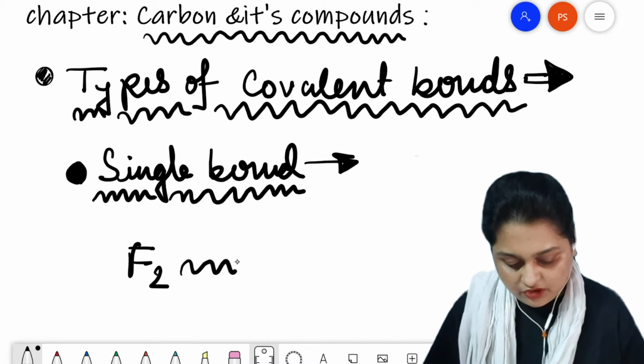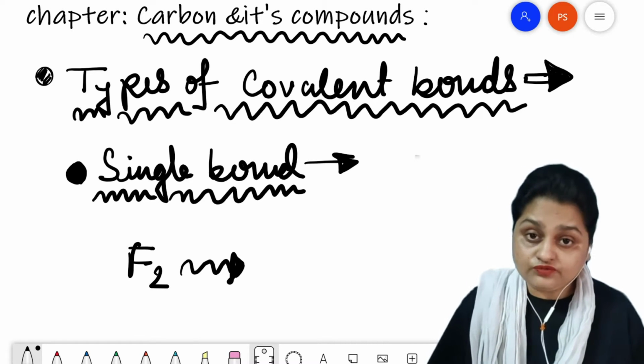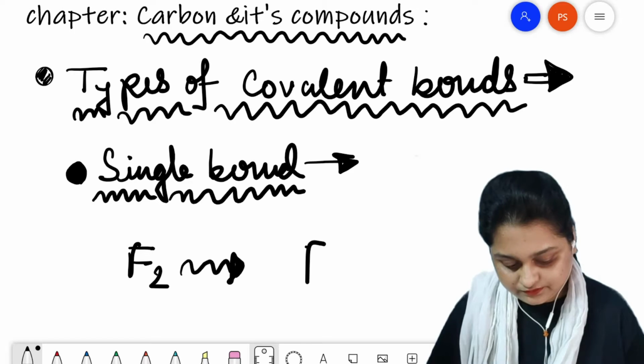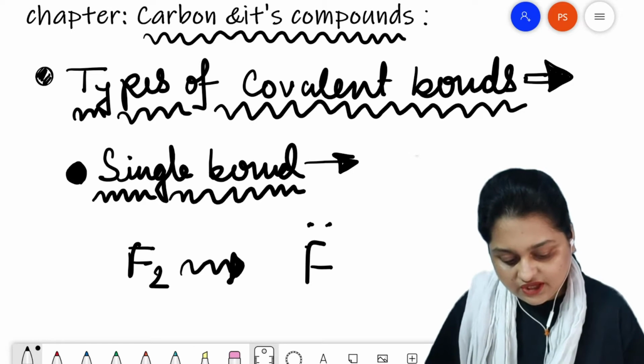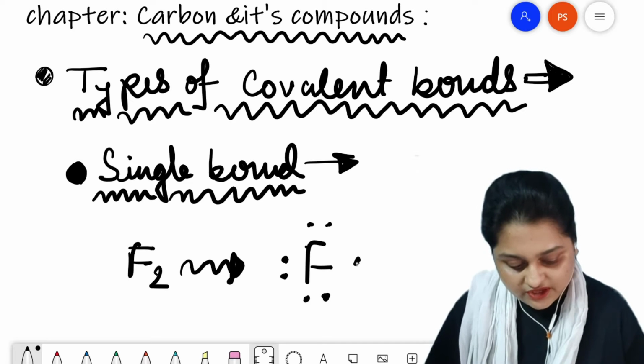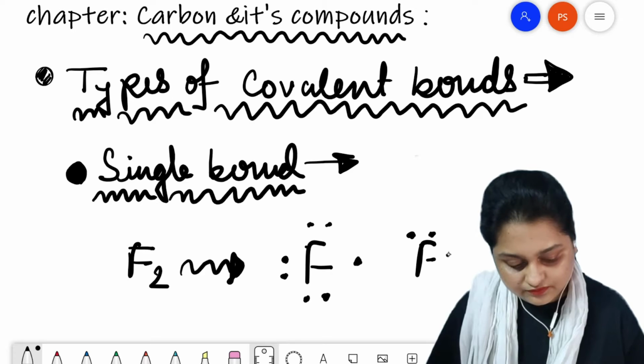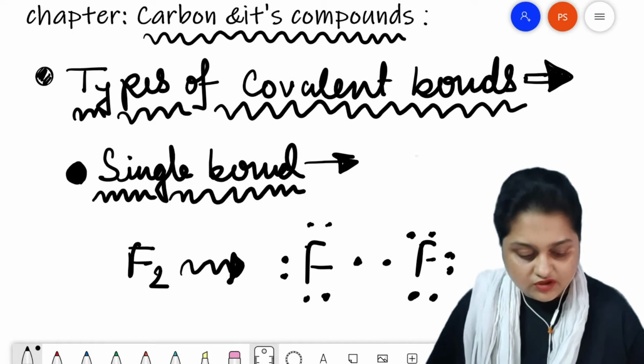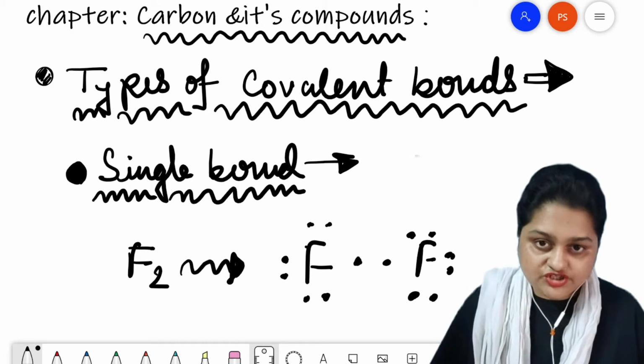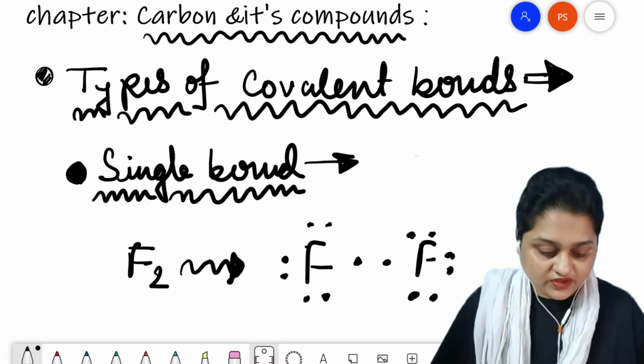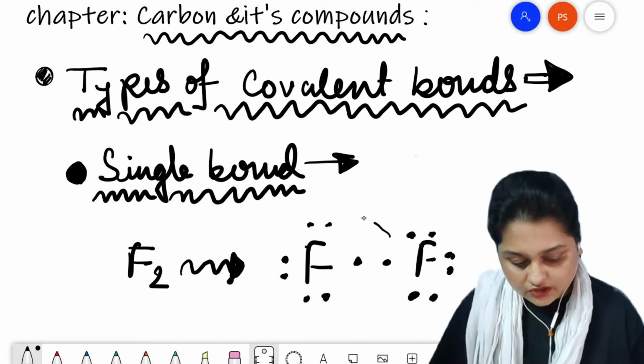In the fluorine molecule, there are 2 fluorine atoms, each having 7 valence electrons. Both fluorine atoms, by sharing one electron, form a covalent bond.